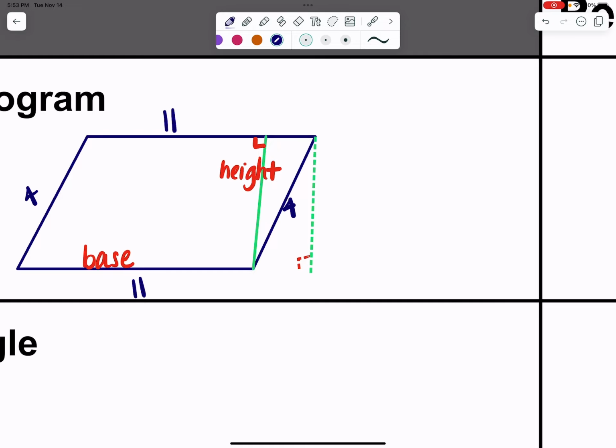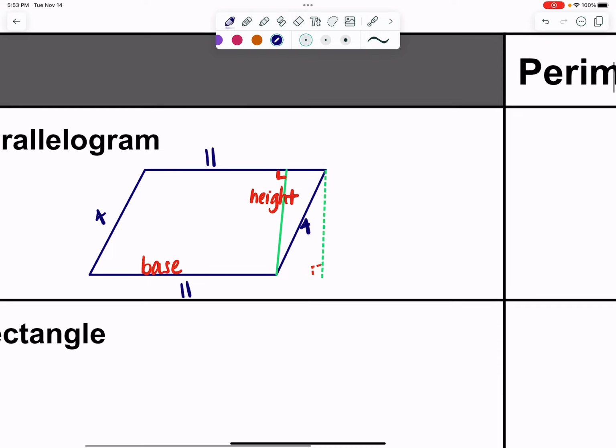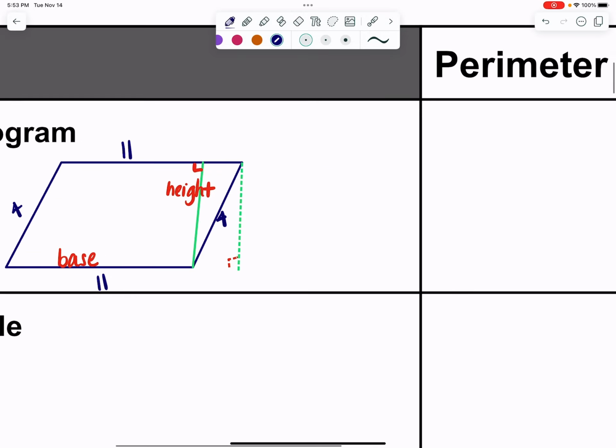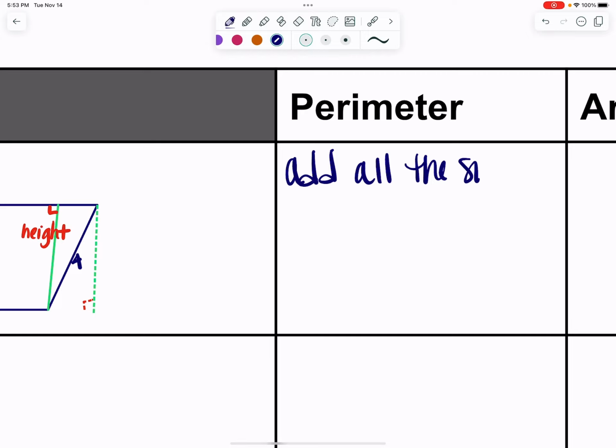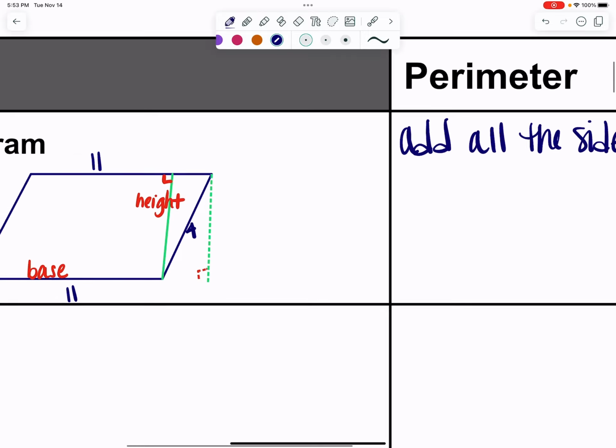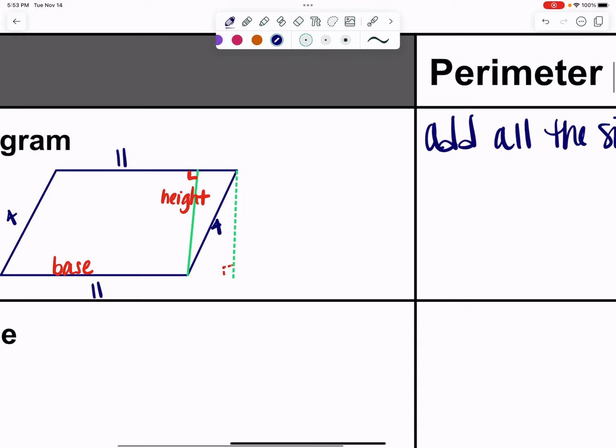How would you find the distance around the outside? Oh, I think I heard somebody say it. You would add all the sides. You were exactly right. That's it. So we would add 11 plus 11 plus 4 plus 4.